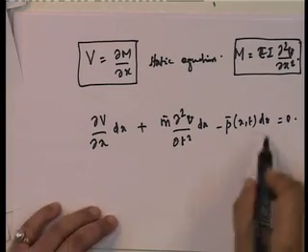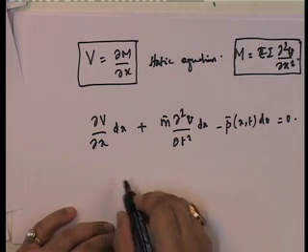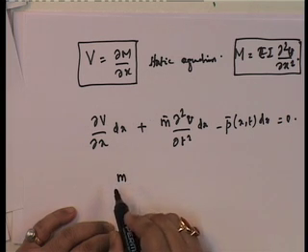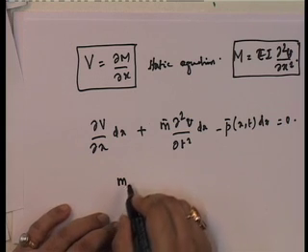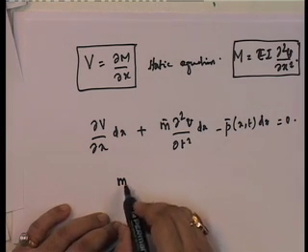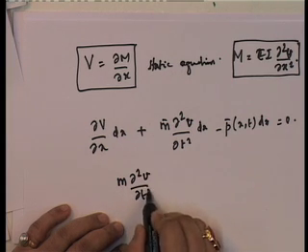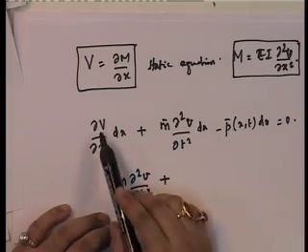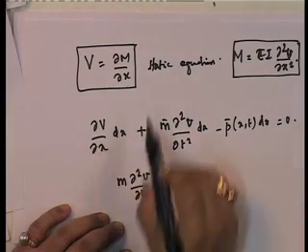So, dx exists in all of them, and I can eliminate that, and ultimately what I get is m bar into del squared v by del t squared plus, now if you look at del v by del x, that means this is equal to del squared x of m.